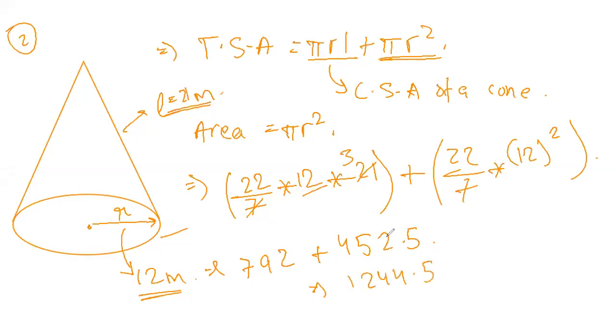And please note down the unit. In this case, the unit is meter square, because total surface area is mentioned, so the unit is going to be meter square. Okay, so this is the final answer. We'll move on to the next question.